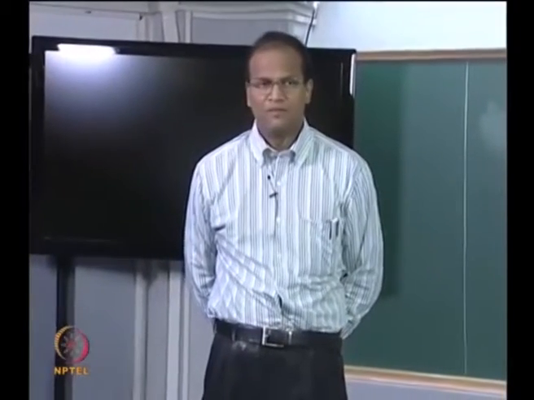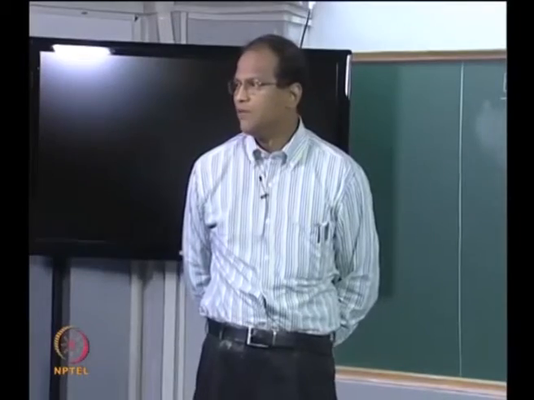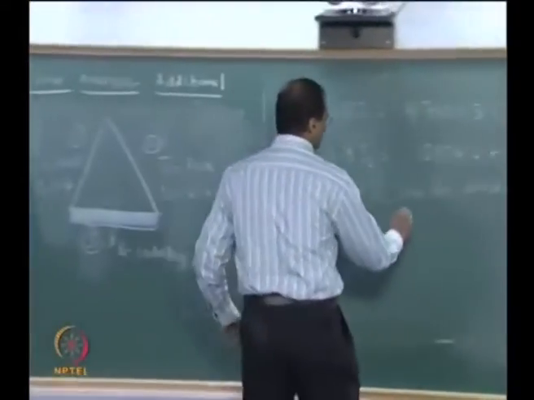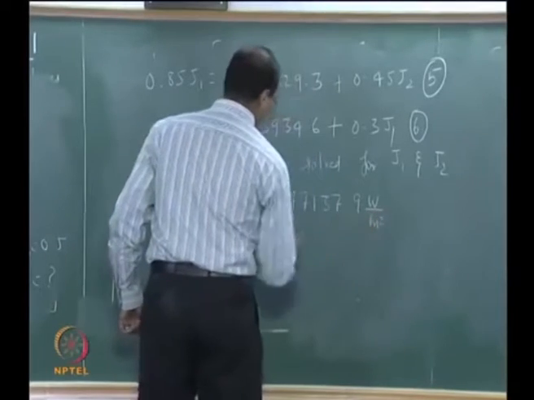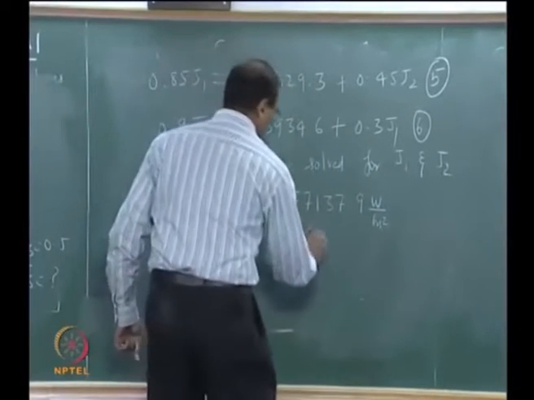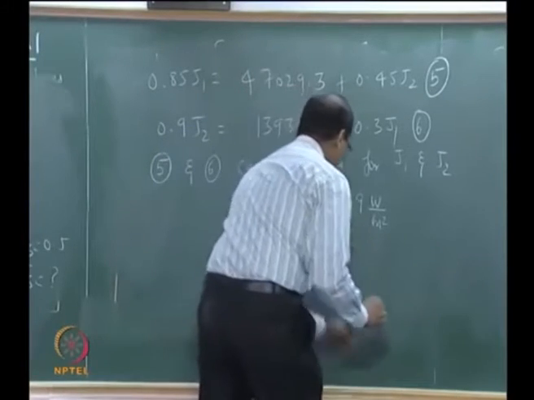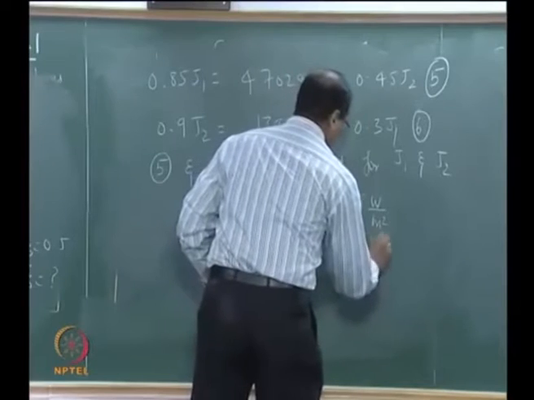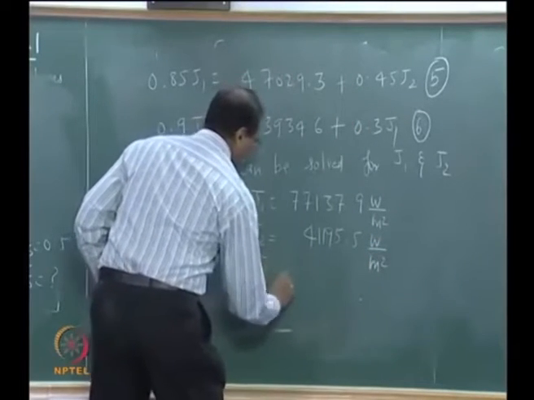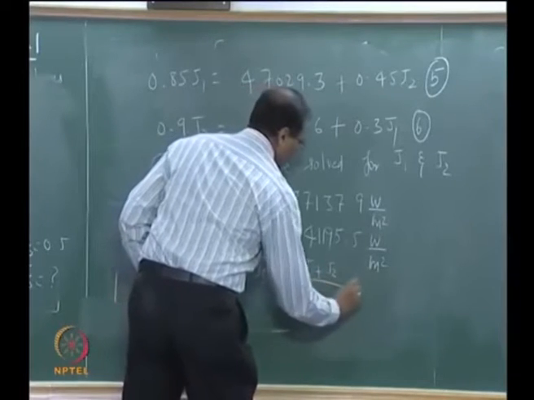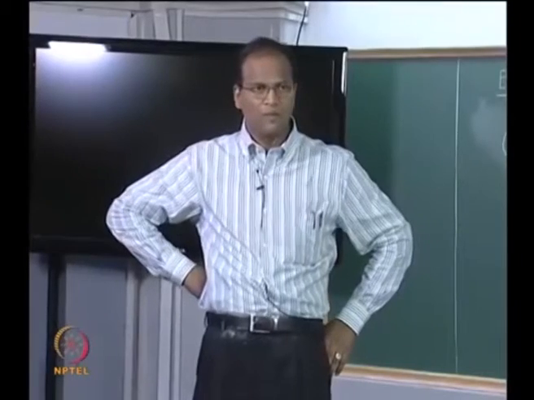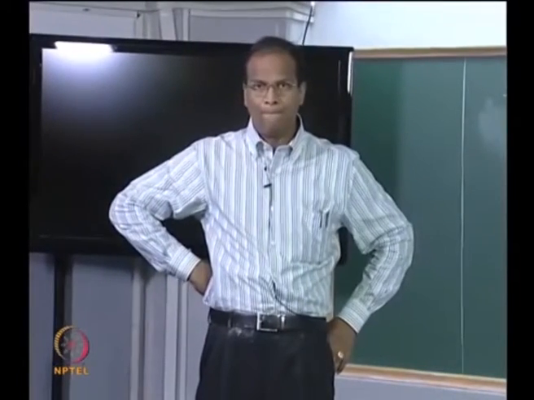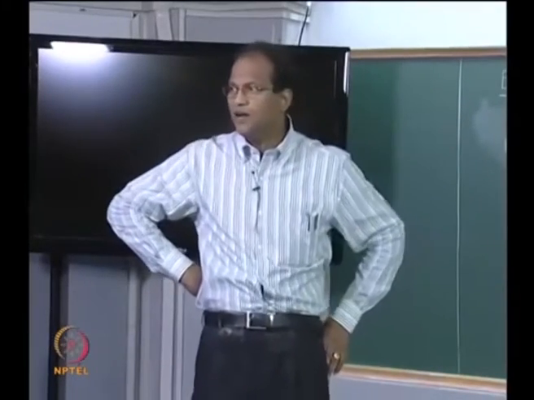People who already have the simultaneous equation solver can tell me J1 equal to 77.9, J2 point, J3, because it is an equilateral triangle, 0.5 J1 plus 0.5 J2, 59.